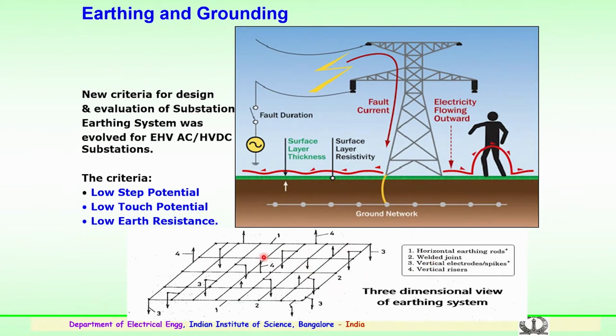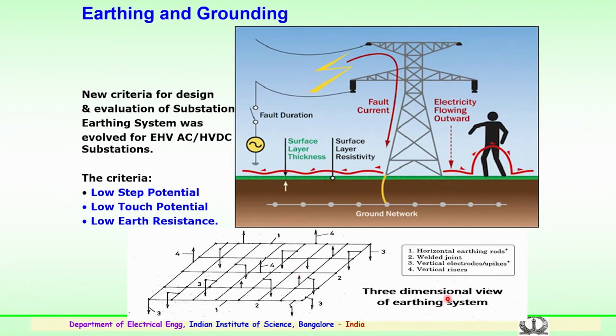Various types of schemes are available for grounding depending upon the voltage and the soil resistivity: horizontal earthing rods or a welded-joint mesh, vertical rods sometimes with spikes, or vertical risers. So, several types of combinations.